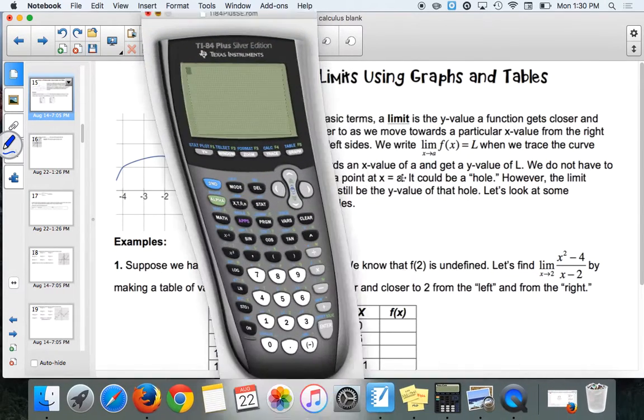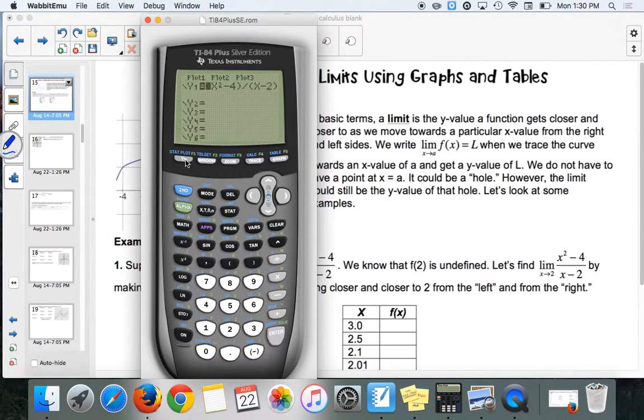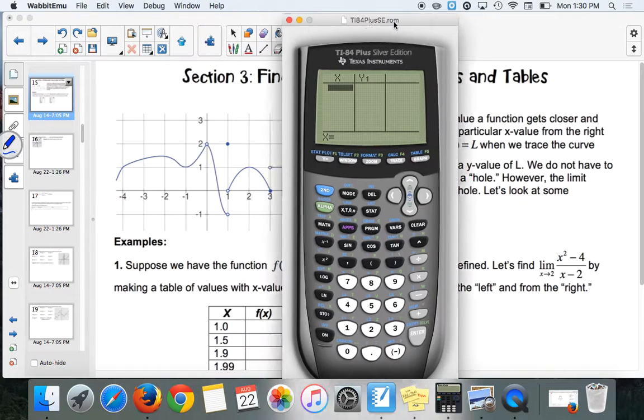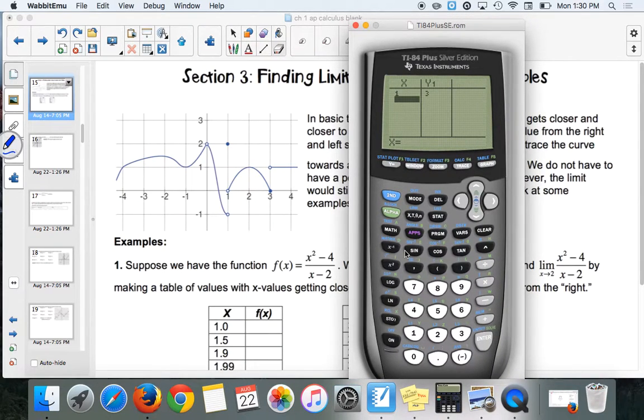I went ahead and plugged that into my y1, so I put x squared minus 4 over x minus 2. If I go to my table and plug in different values like 1, 1.5, 1.9, 1.99, notice how my values are getting closer and closer to 2. What happens to my y values as I plug in 1.99999?